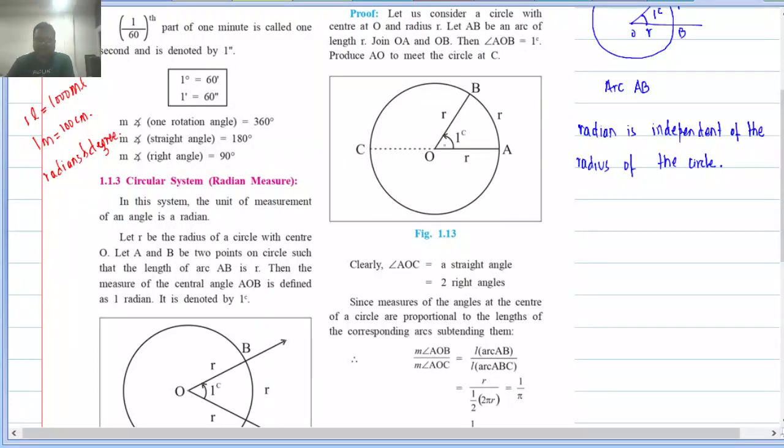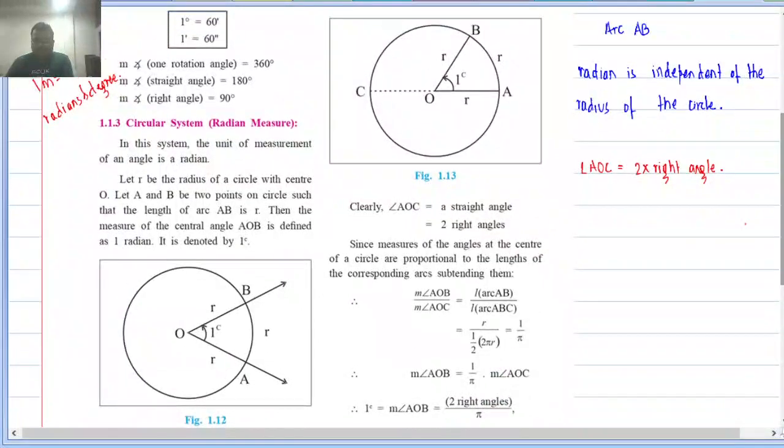Okay. Now let's look at major angle AOC. Angle AOC is a straight angle which is 2 into right angle. So what is the concept used? That angle at the center of the circle is proportional to the length of the corresponding arcs subtending them.